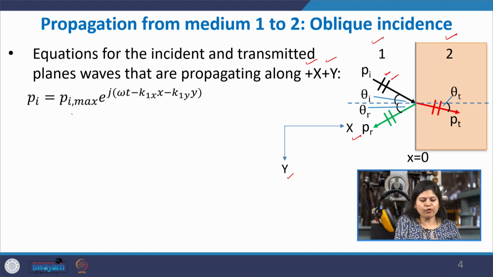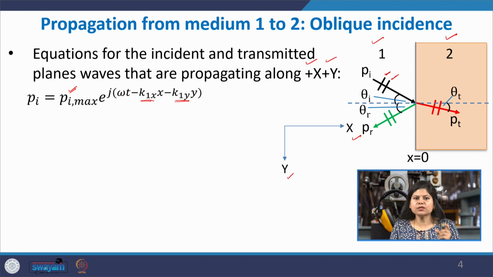Accordingly, for a harmonic plane wave we can represent it as the amplitude times e to the power j(omega t minus the x component of the wave number times x minus the y component of the wave number times y). Now, this is the x component of the wave propagation vector and this is the y component of the wave propagation vector. What is the propagation vector?